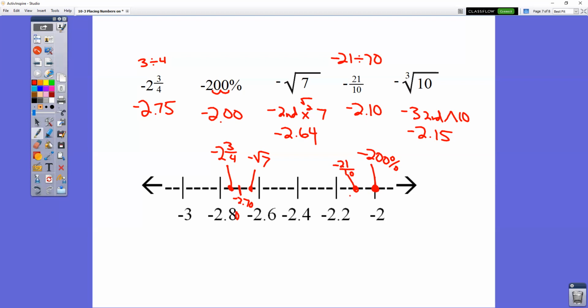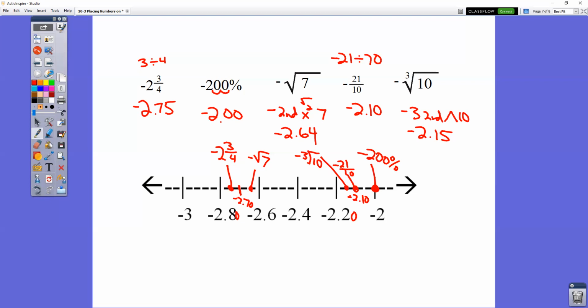Well, if this is -2.1 right here, -2.15 is halfway in between -2.10 and -2.20. So it is right there on that opening. That is where -2.15 is.